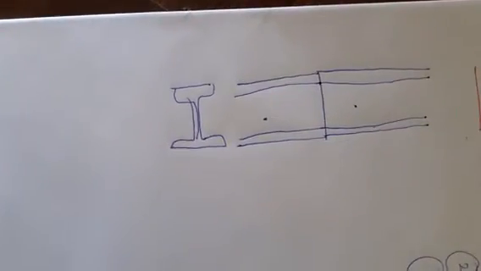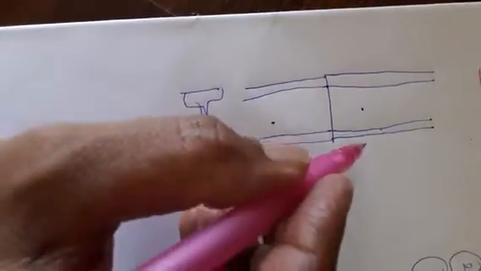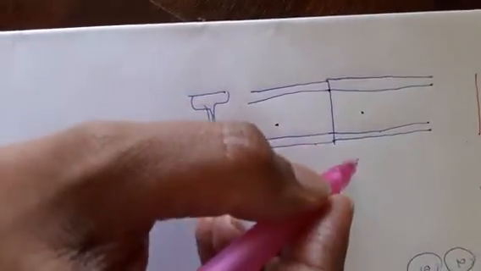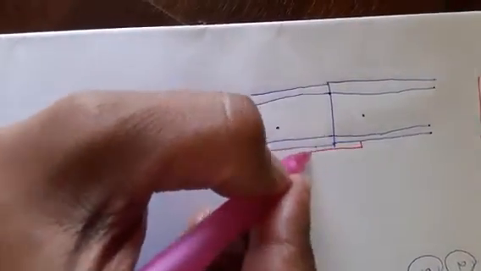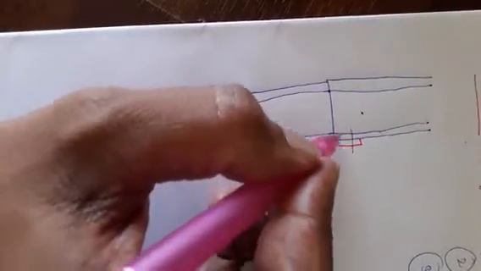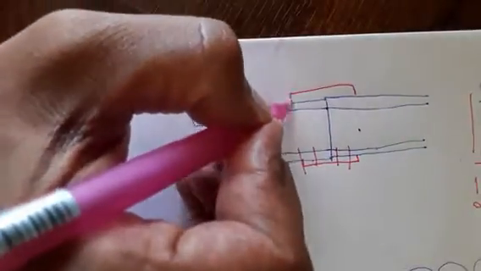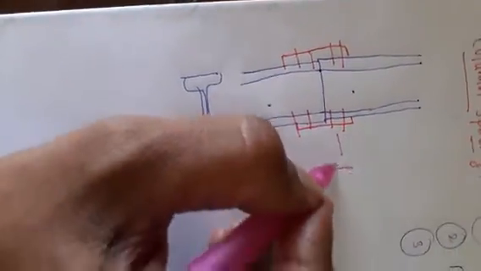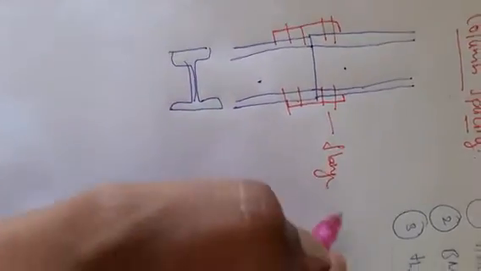Here I will connect the flange of this to the flange of this using a plate, and these are joined by some bolts. This is called a flange splice.